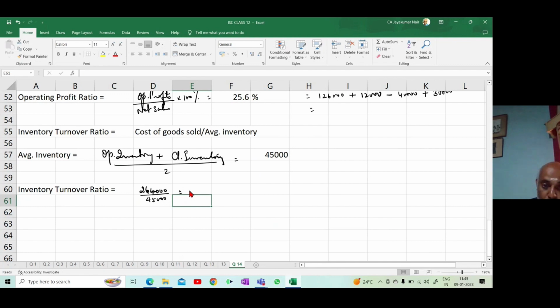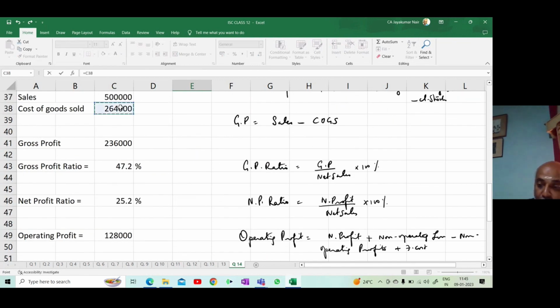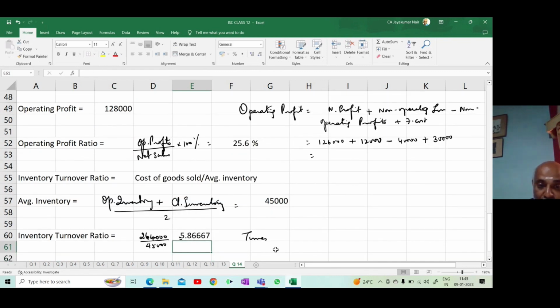So how many times you have to find out? It is 2,64,000 divided by the average inventory. So it is 5.87 times.